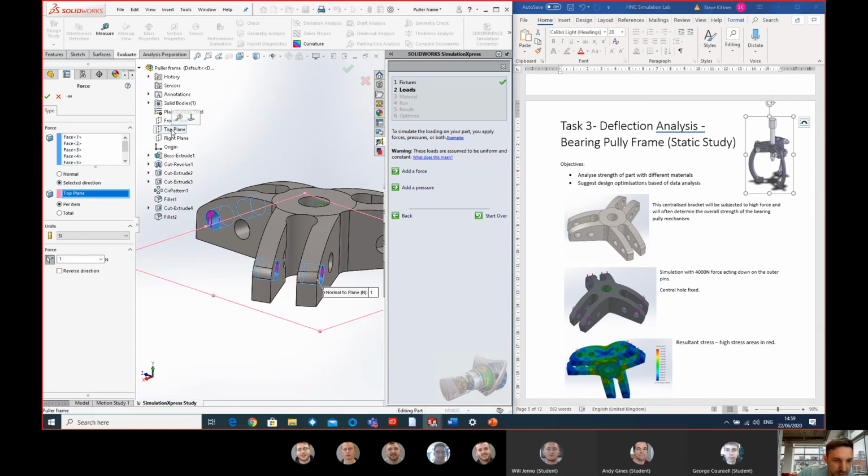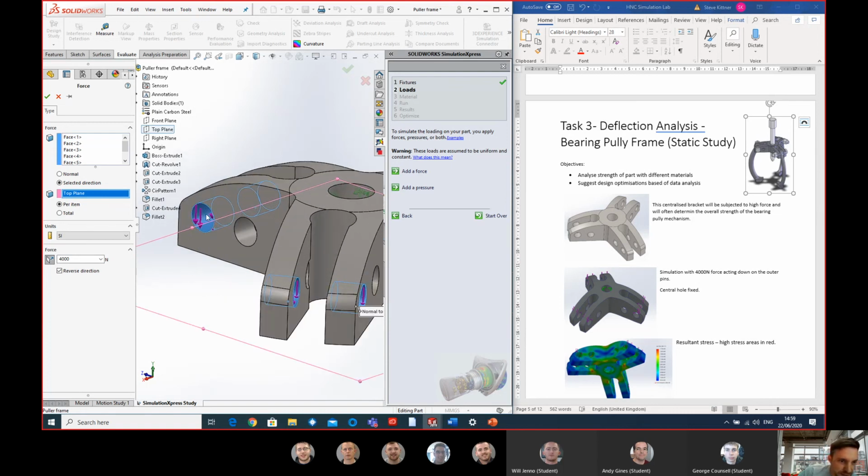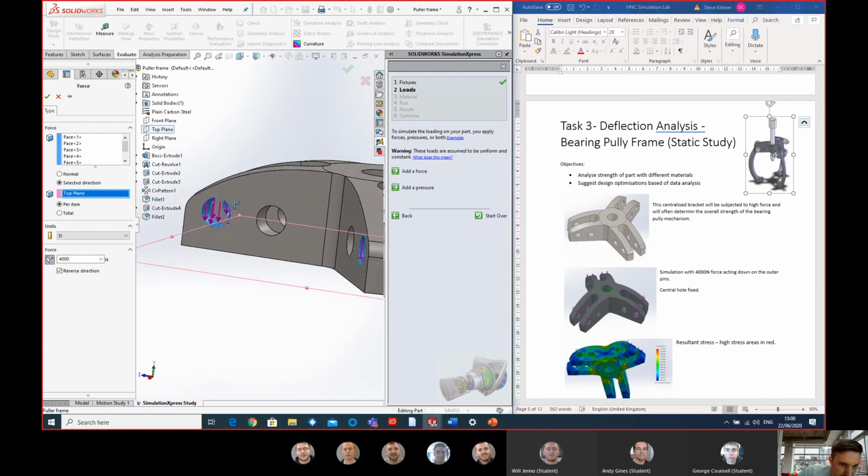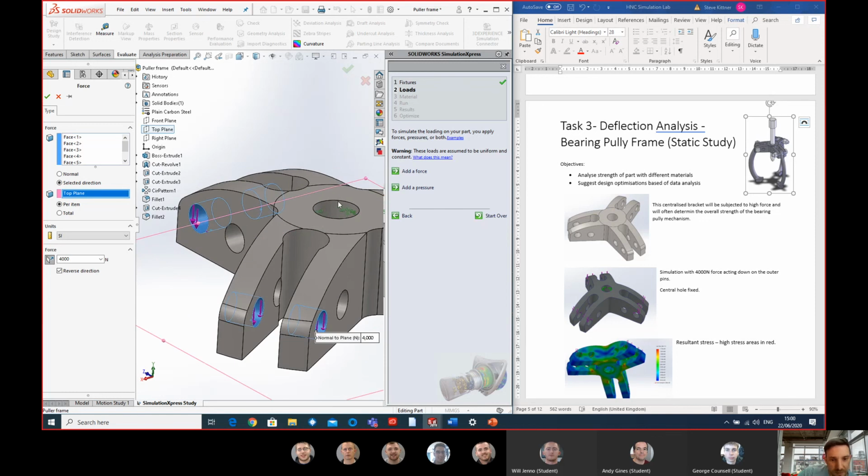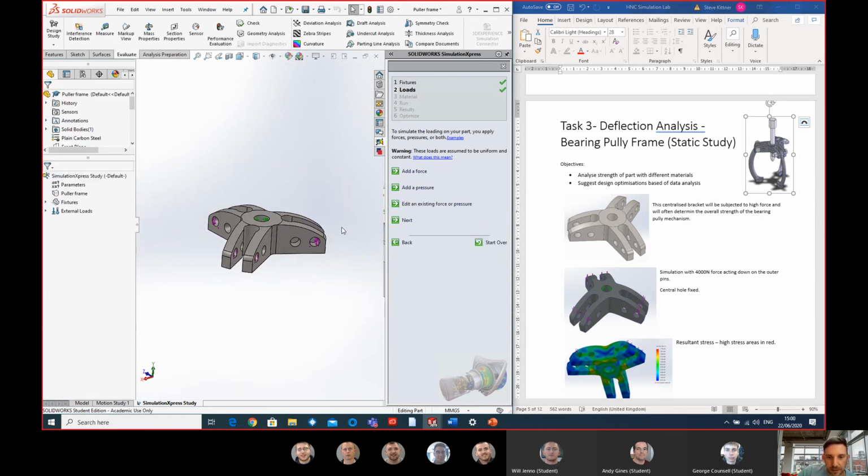I'm going to select the top plane. And there we go, there's the force acting up. Let's reverse it, and we're going to stick 4,000 newtons on this one. Okay, so I've got 4,000 newtons coming down through the holes, and the middle part is fixed.